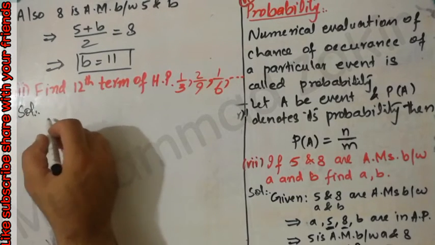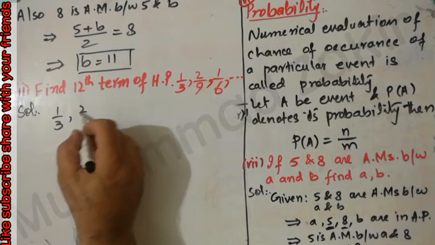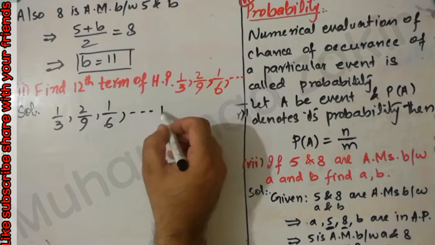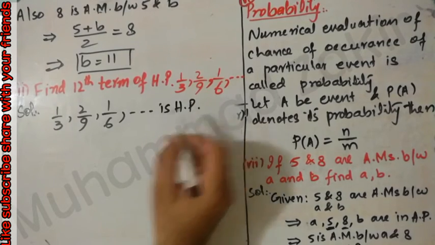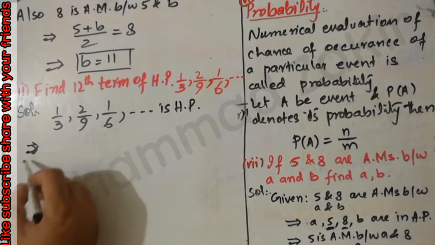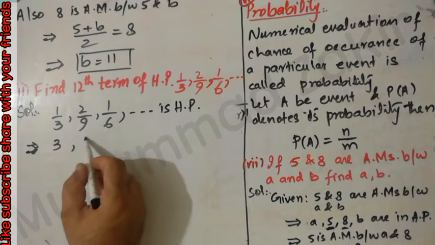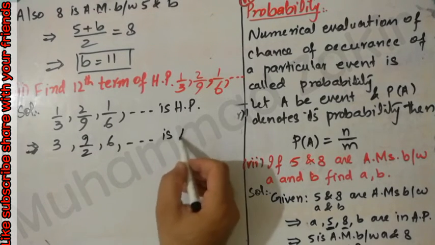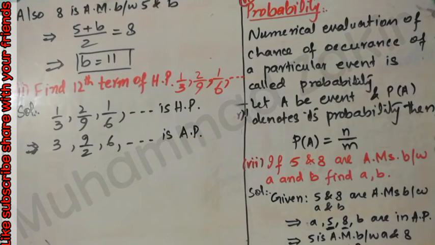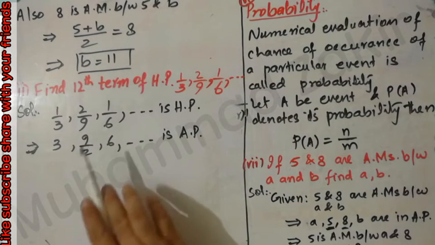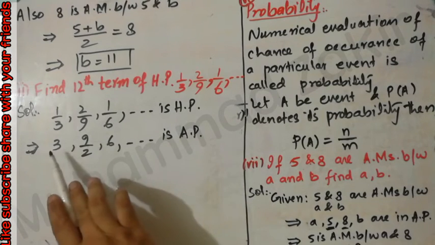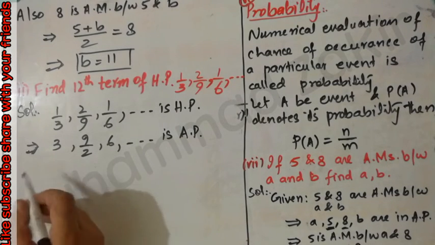Solution begins. 1 by 3, 2 by 9, 1 by 6, and so on is HP without any doubt. This further implies 3, 9 by 2, 6, and so on is AP. This is the definition of HP: if the terms of HP are inverted, we get AP.